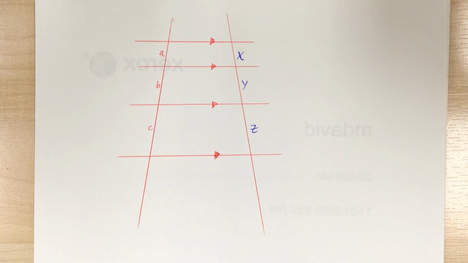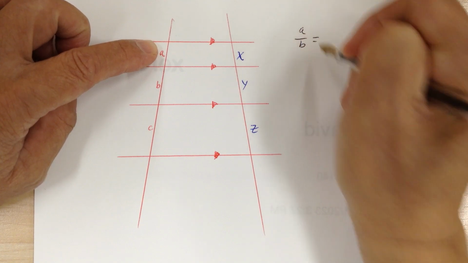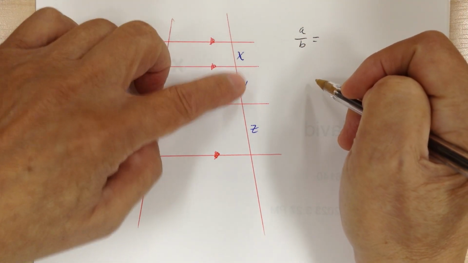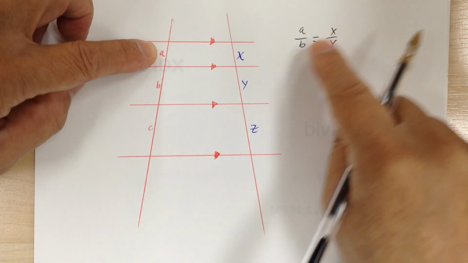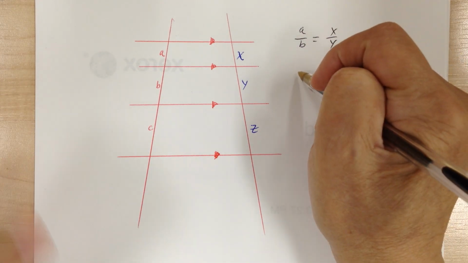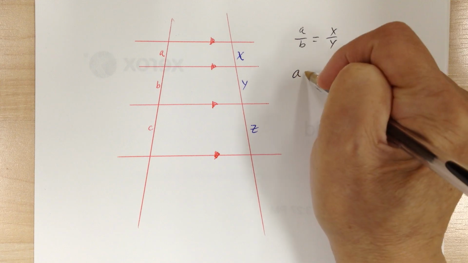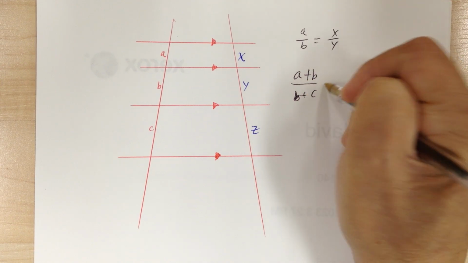The way the proportion works is that you can write the proportion equation any way you want as long as you match it up. For example, you can have A over B equal to X over Y, as long as you match up: A matches with X, B matches with Y. You can also have A plus B over B plus C. What will this equal?